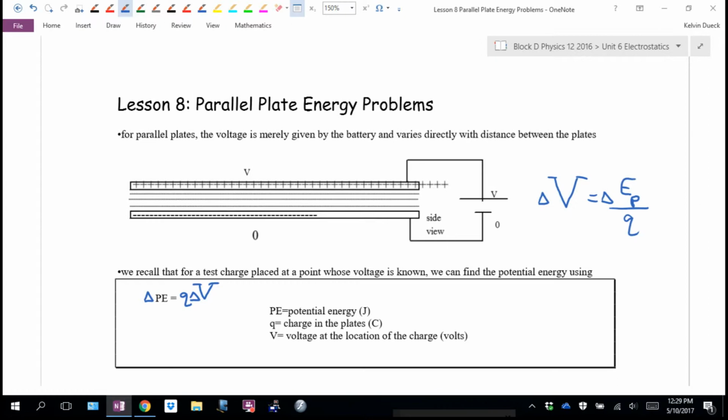That is a very handy version of potential energy to use. Remember I told you that voltage was kind of like height? This, don't write this down, is sort of the equivalent of the mgh of potential energy for gravity. QV is sort of like mgh. It's going to behave very similarly.